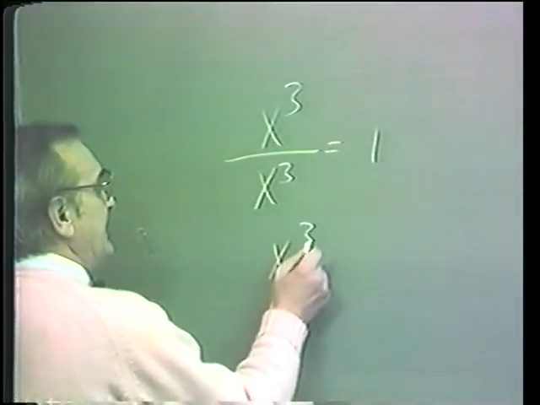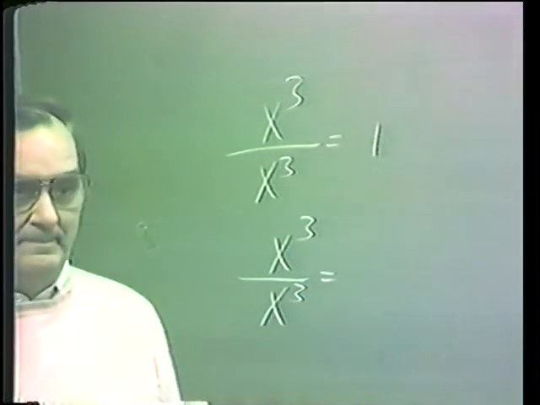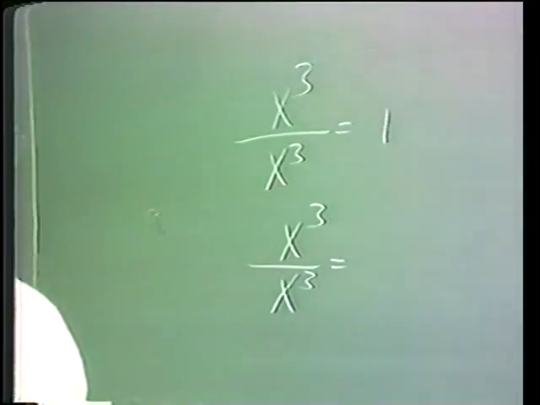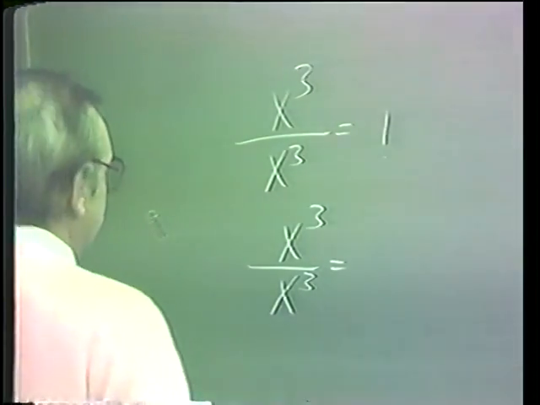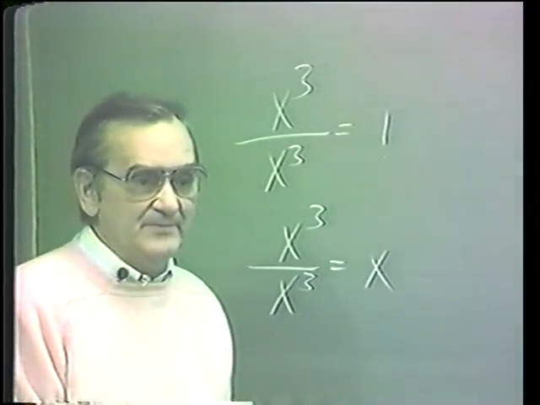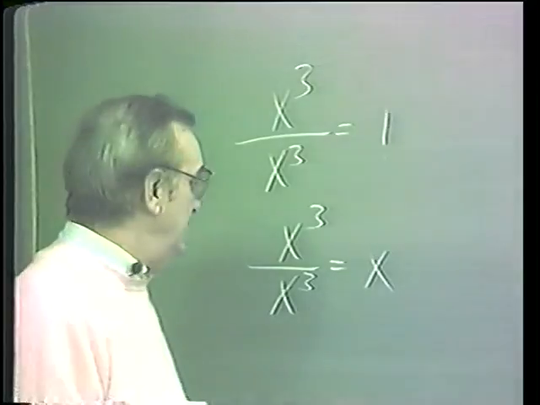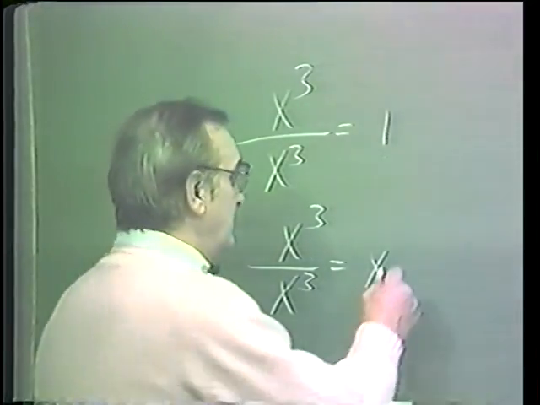Let's suppose I have x to the 3rd divided by x to the 3rd again, but this time I'm going to use my rule of exponents. Anytime you divide like bases, keep the base. And what do you do with the exponents? Subtract them. If I subtract, what do I get? X to the 0.